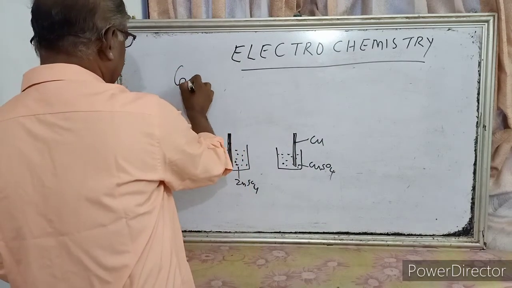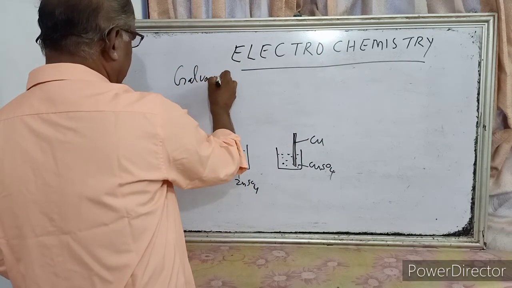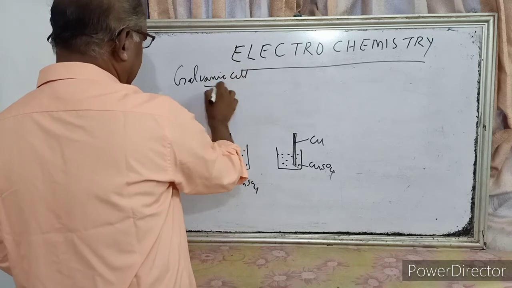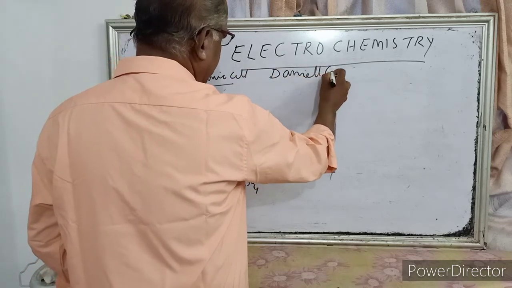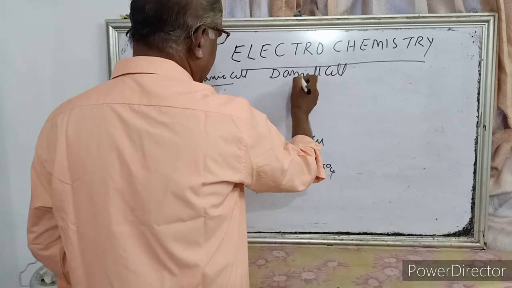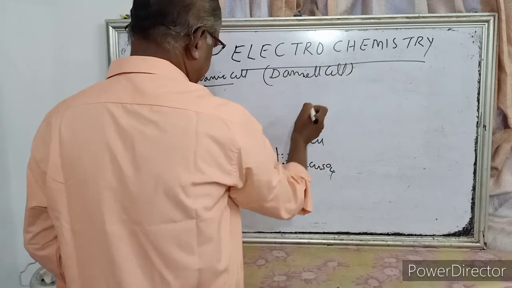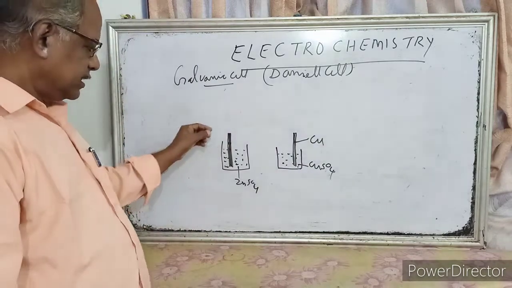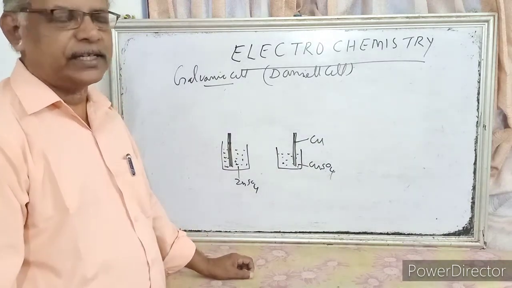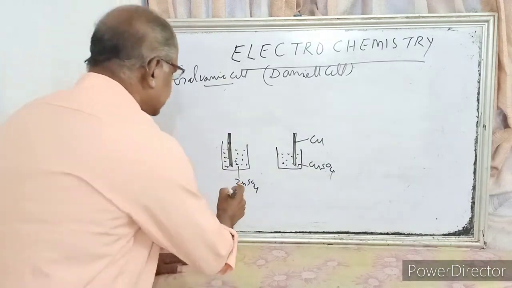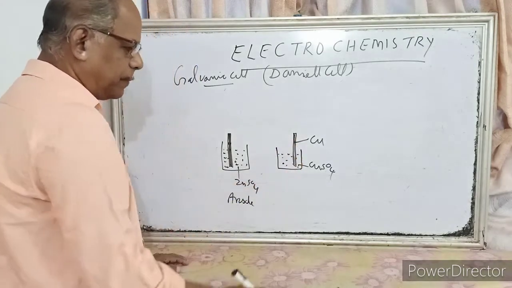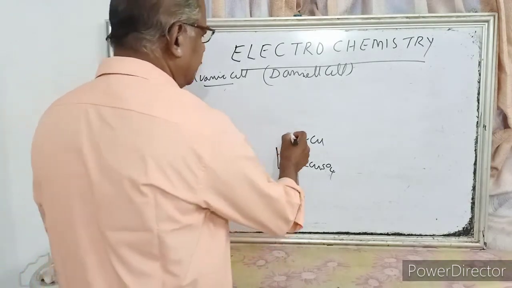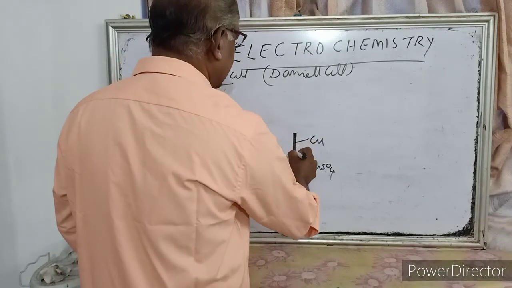Galvanic cell. Example, Daniell cell. In Daniell cell, a zinc rod is placed in zinc sulfate solution, which is acting as the anode, and a copper rod placed in copper sulfate solution, which is acting as the cathode.